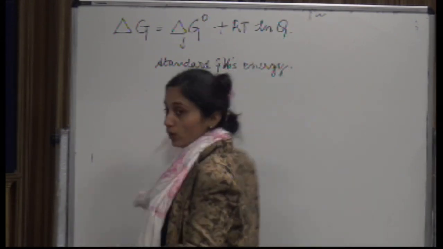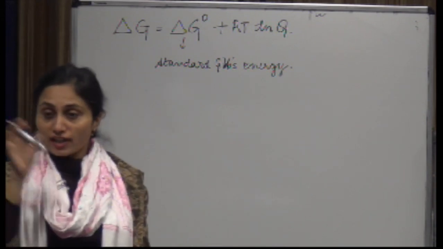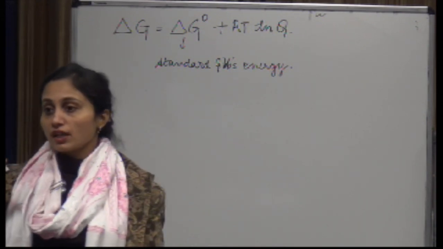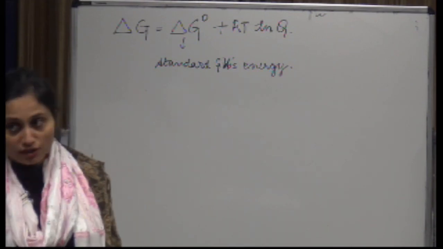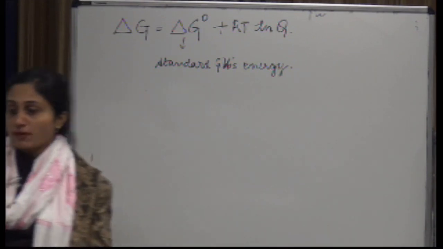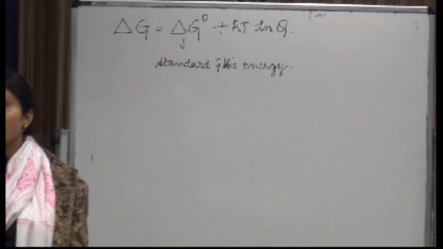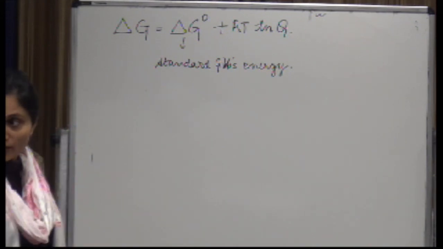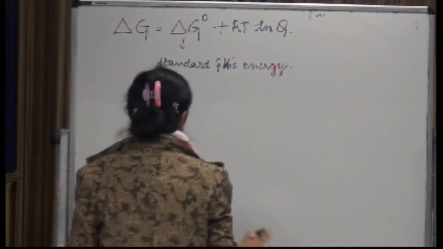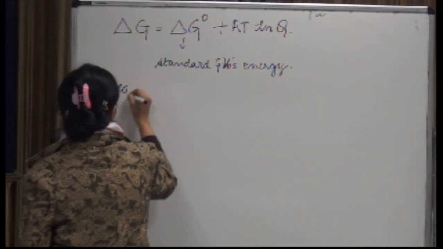What is your Q? It is the reaction quotient, the ratio of the concentration of the products upon the concentration of the reactants, each raised to their respective stoichiometric coefficient, at any point in time. It may not necessarily be at the point of equilibrium. So at equilibrium what will happen?